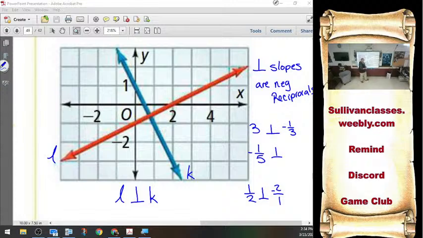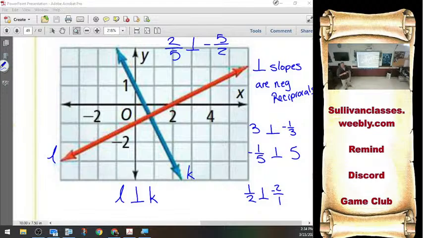Positive or negative? Regular old 5. If I had 2/5, that's perpendicular to negative 5/2. Flip it, change the sign.